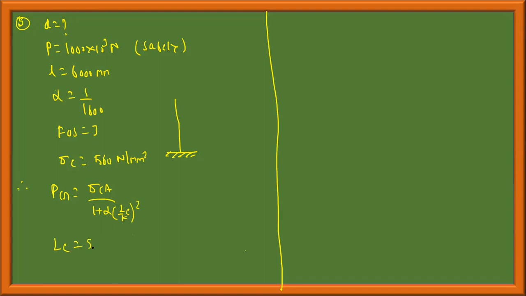LE is equal to 2 times L, which is 12,000 mm or 12 meters. You can imagine the length of the column: 12 meters means 36 or 40 feet.